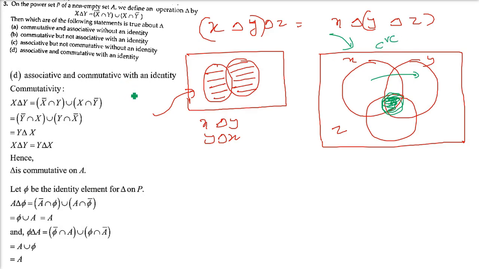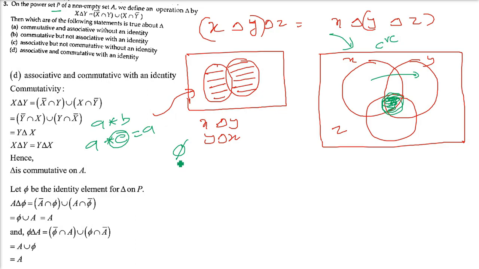Right? So coming to now identity. Identity exists. Why? Because every power set has phi always inside it. Phi is null. It is not empty, because a set with phi will always have something which is null. So A star E, if at all we get A back, then we say that E is our identity element, and that is what we have to find out.